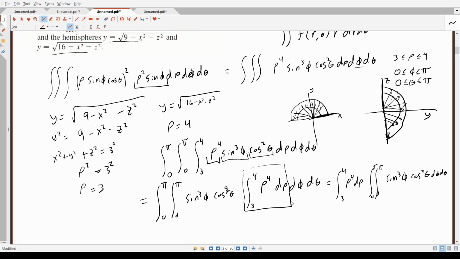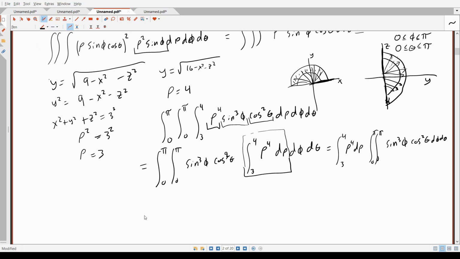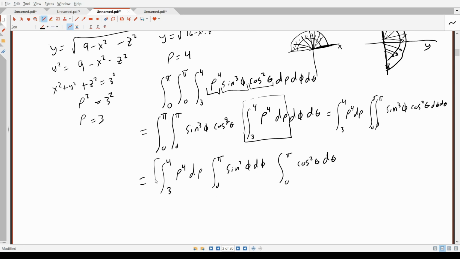Okay, and I can do the exact same trick, and what this is going to give me is integral 3 to 4, rho to the 4th, d rho, integral from 0 to pi, sine cubed phi, d phi, integral from 0 to pi, cosine squared theta, d theta. Okay, so this is the product of each of these multiplied together.